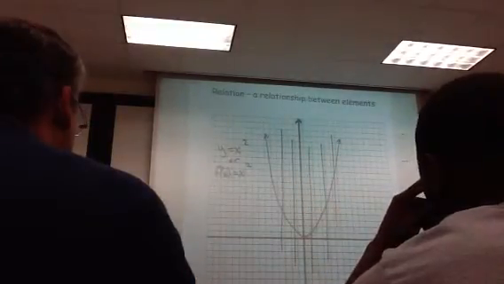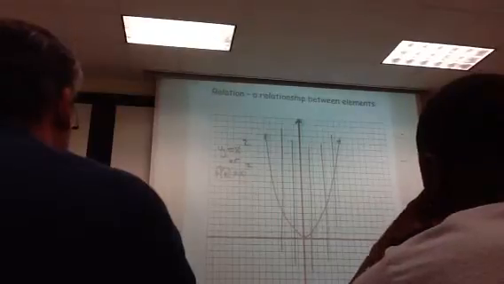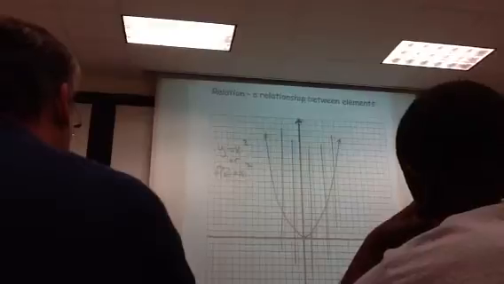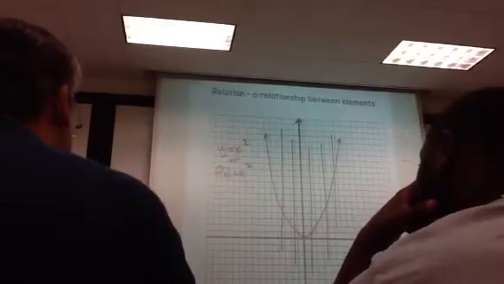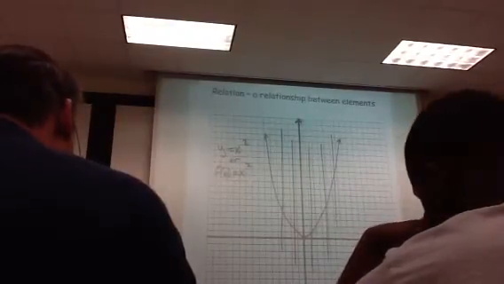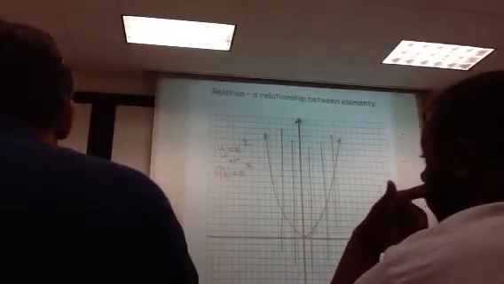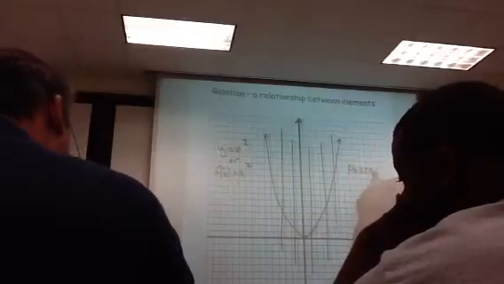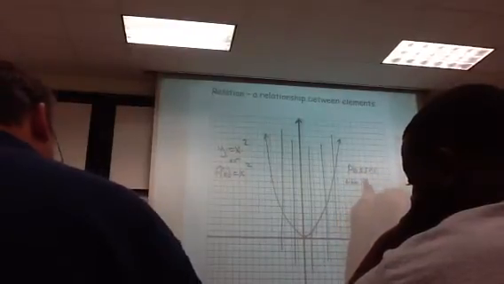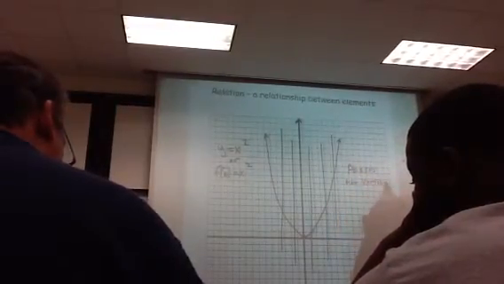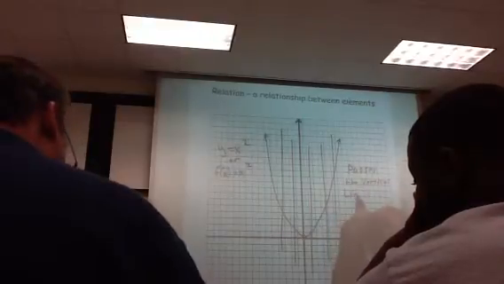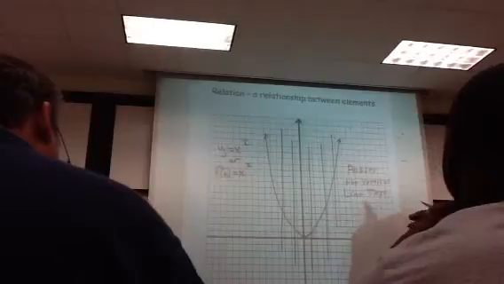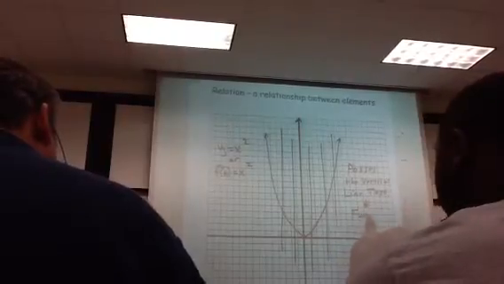Is there? No. Every vertical line will cut that graph in exactly one place, right? So, since there is no vertical line that cuts this graph in more places than one, we say it passes the vertical line test. If it passes the vertical line test, you got yourself a function.